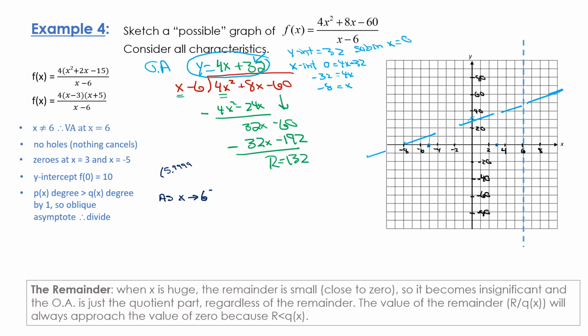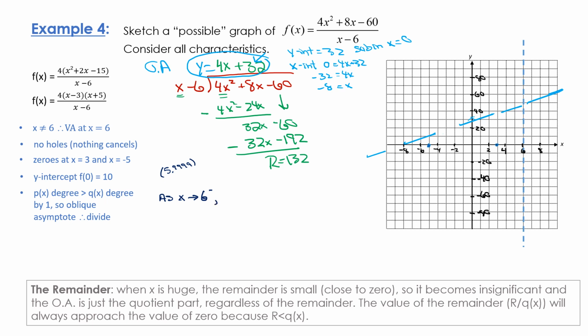Make sure you use the same number of 9s each time that you sub in. So press pause, sub in 5.999, and you should get either a really big positive number or a really big negative number. So give that a shot. Press pause.